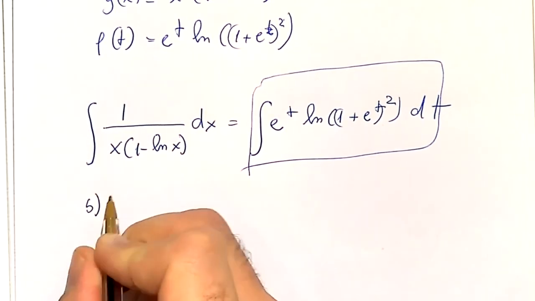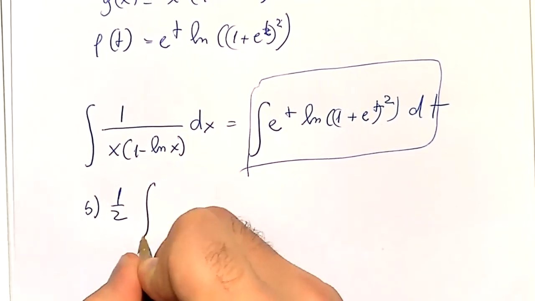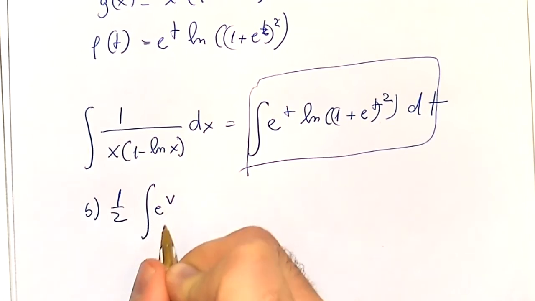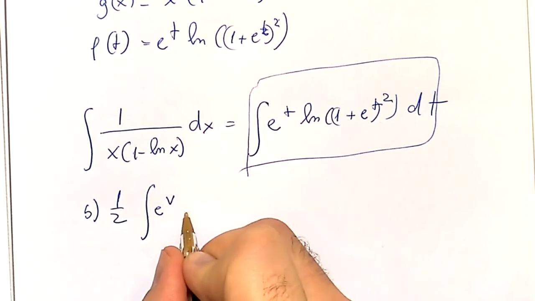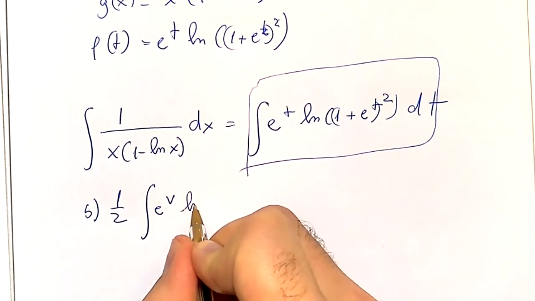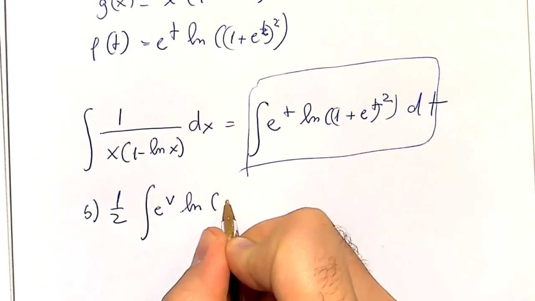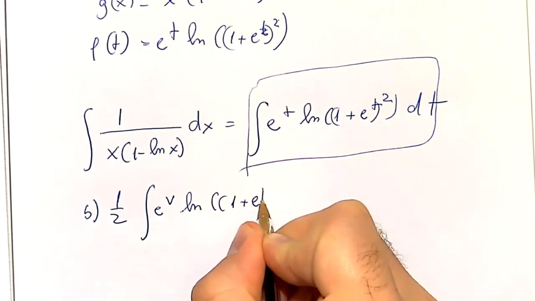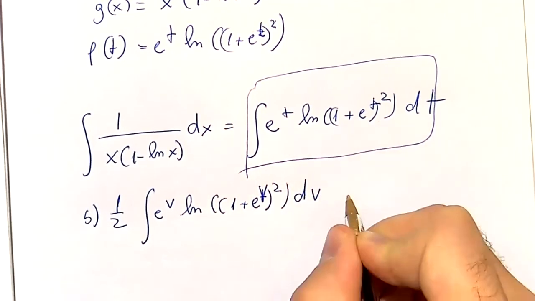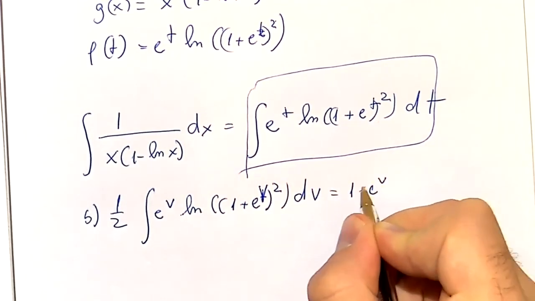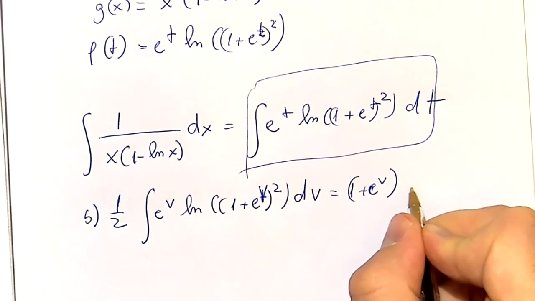From point B, I know that a half integral of e^v log of (1 plus e to the t of v) everything squared, dv, is equal to 1 plus e^v. And again, I'm copying this for no particular reason.